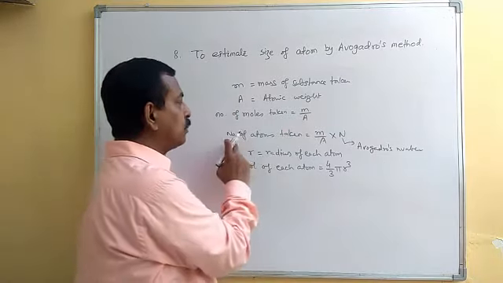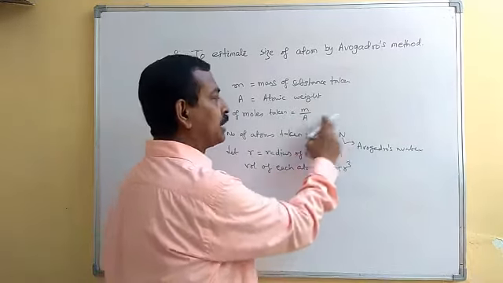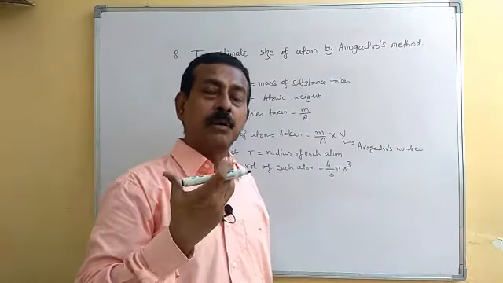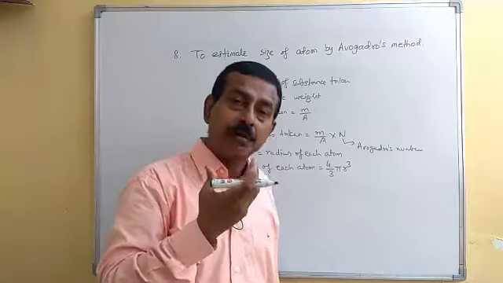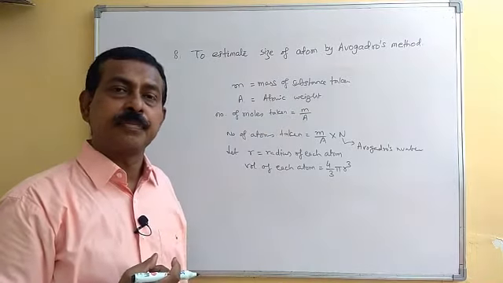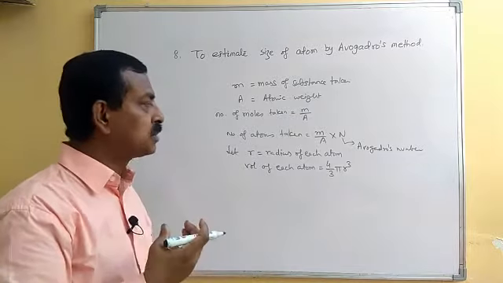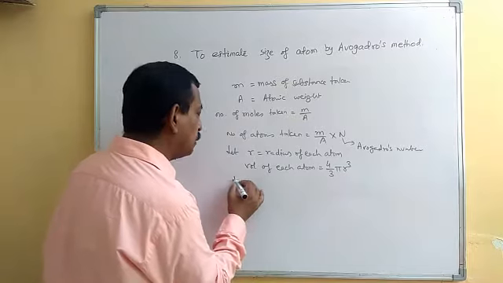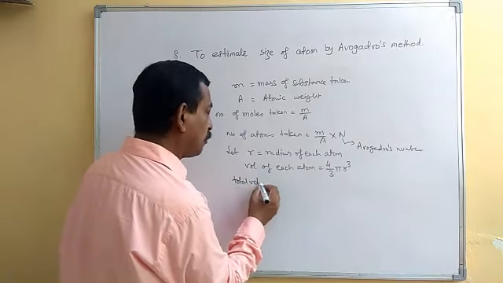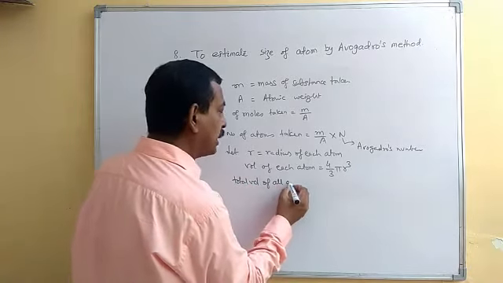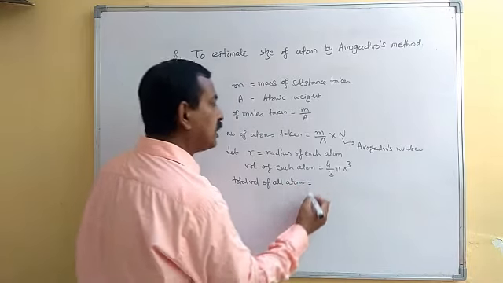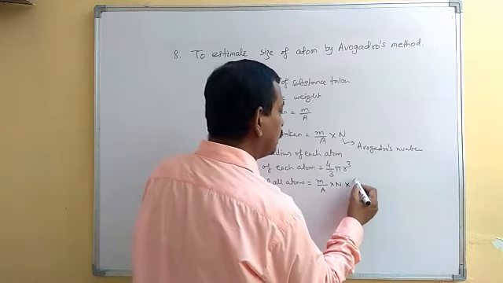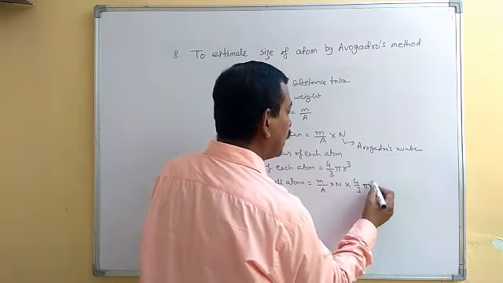Now we know that we have taken this number of atoms, m by A into N. So we can see what is the volume of the atoms which we have taken. The total volume of all atoms will be equal to m by A into N into 4 by 3 pi r cube.